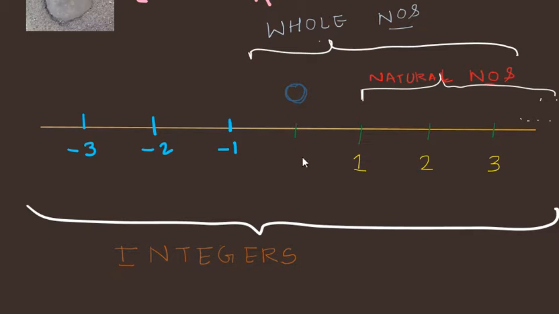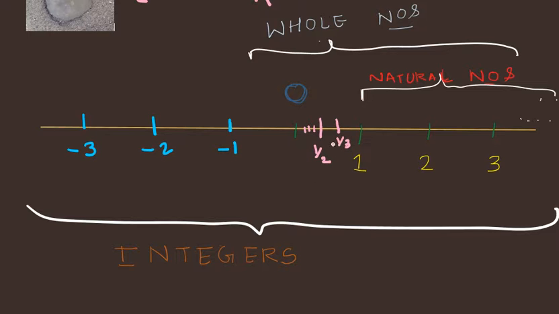Now let's zoom into the number line. When you zoom into the number line, you can find there are a few markings on it. Let's take an example of half, then maybe 1/3.